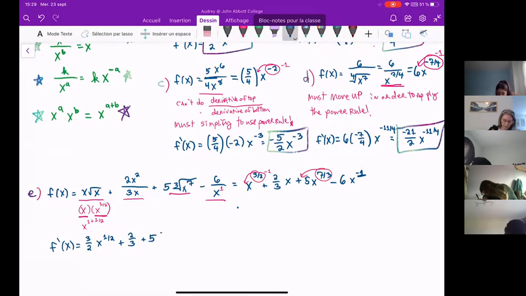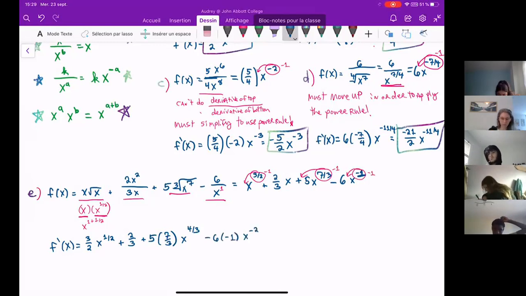So I'll have 5 times 7/3, and then I'm subtracting 1 to get 4/3. And then same thing here, I'm gonna bring the -1 down, and I'm gonna subtract 1. So that's -6 times -1, x to the -2.